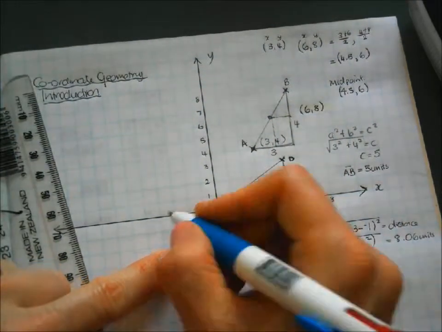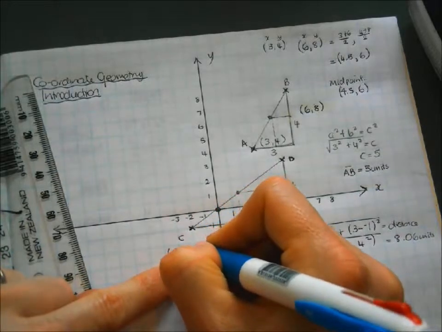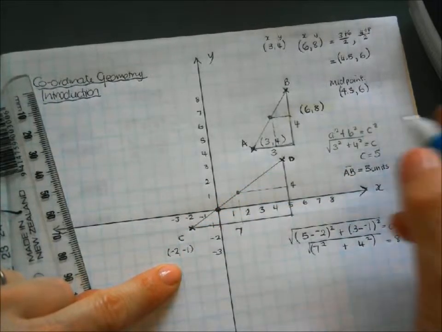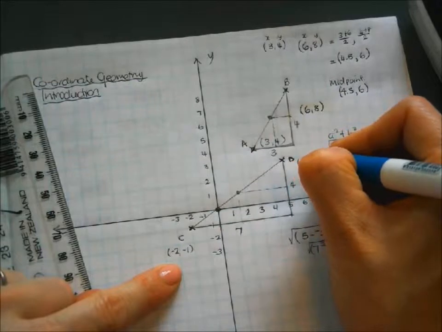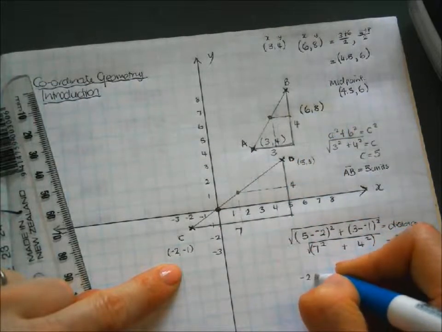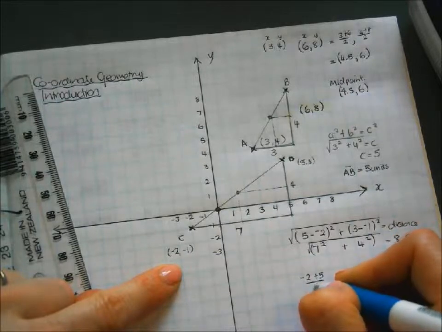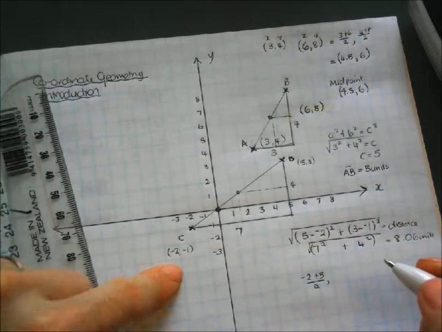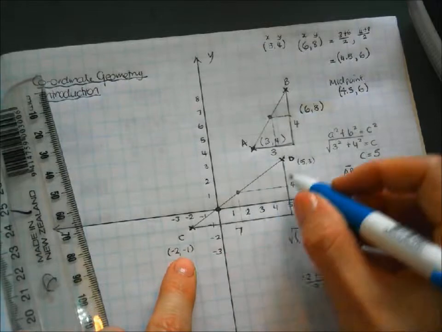So the midpoint, remember, is average. So C being -2, -1, and D being 5, 3. So let's average the x points. -2 plus 5, all divided by 2, comma.